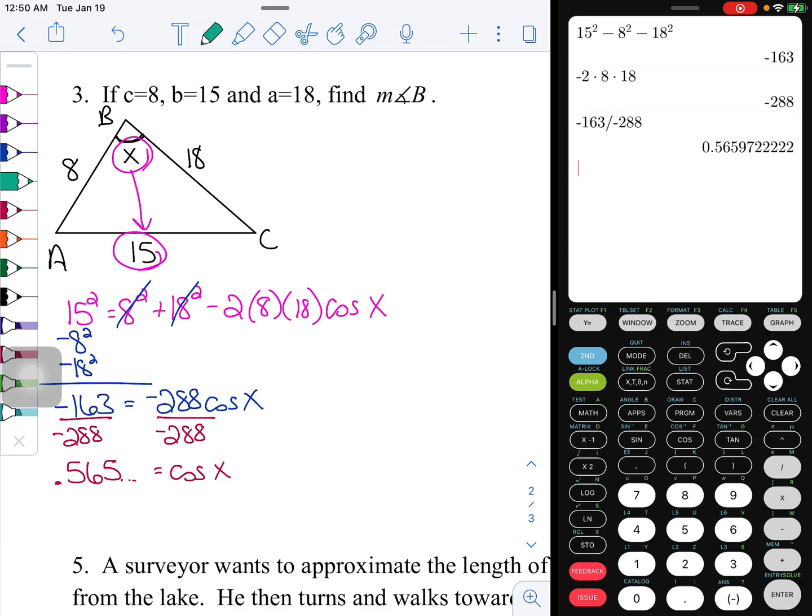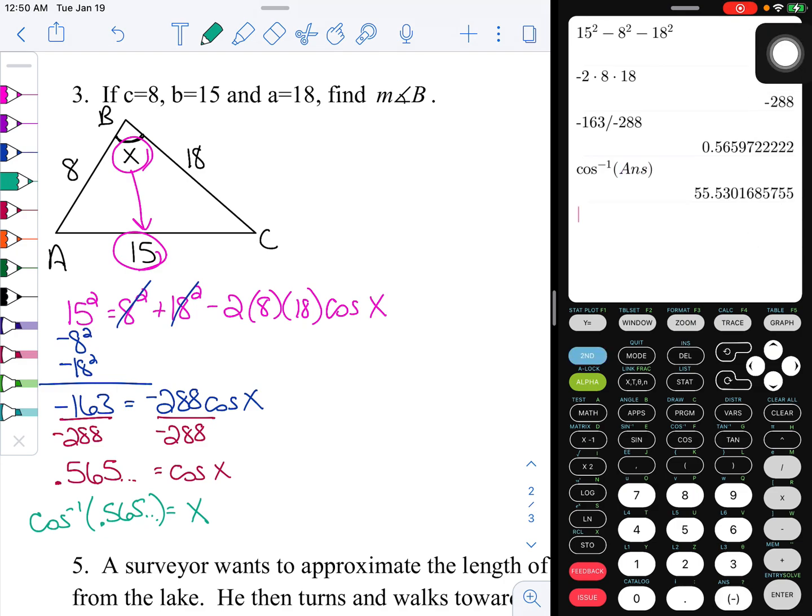To get x completely by itself, I'm going to take the inverse cosine of that wacky decimal in my calculator. So second cosine will get me the inverse cosine. I want that decimal, so I'm just going to hit second and answer, and that'll fill all the decimal in, and I don't have to worry about it.